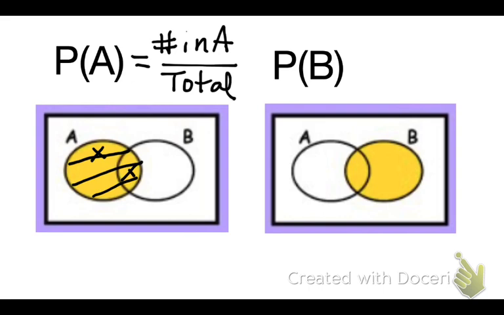And that's 4 places. So you would take just what's in A, what's in the intersection, what's in B, and what's in neither A or B, and add those 4 numbers up to get the total.